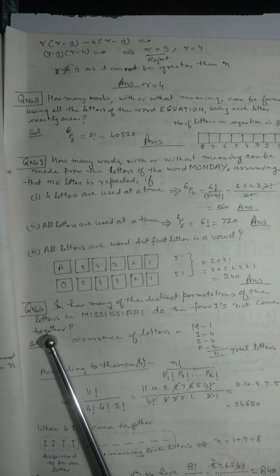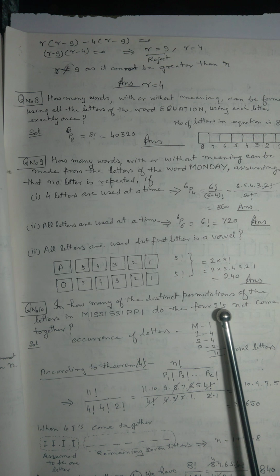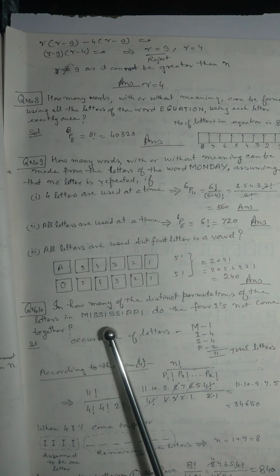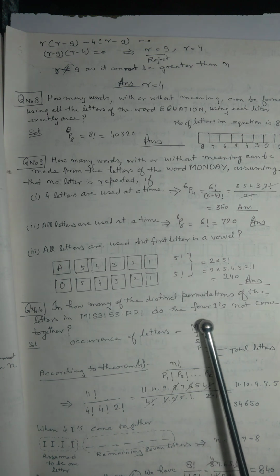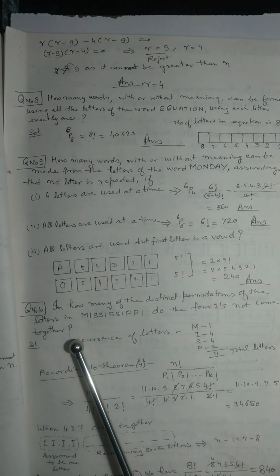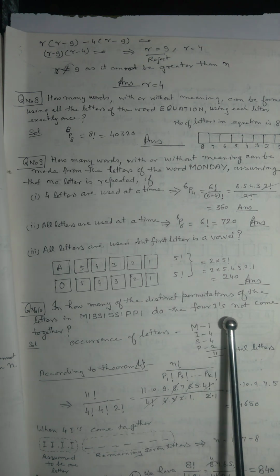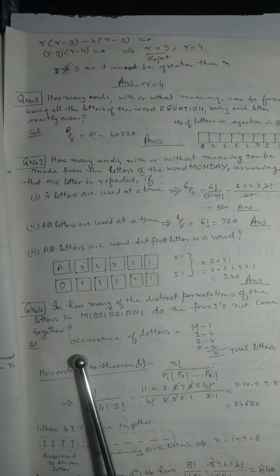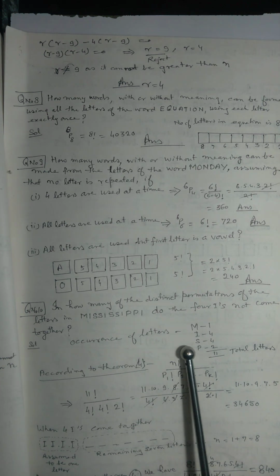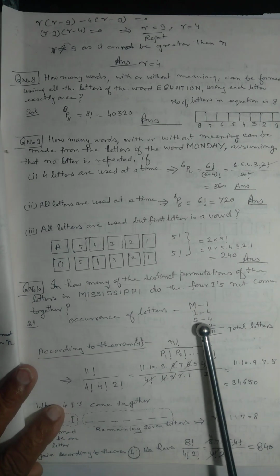Now proceed to question number 10. In how many of the distinct permutations of the letters in MISSISSIPPI do the 4 I's not come together? अब यहाँ पर बोला 4 I's नॉट कम टुगेदर निकालना हमारे को, तो अब पहले हम देखेंगे मिसिसिपी में ऑकरेंस ऑफ लेटर्स. तो M लेटर कितने बार आया है? 1 टाइम. I लेटर 4 टाइम्स.